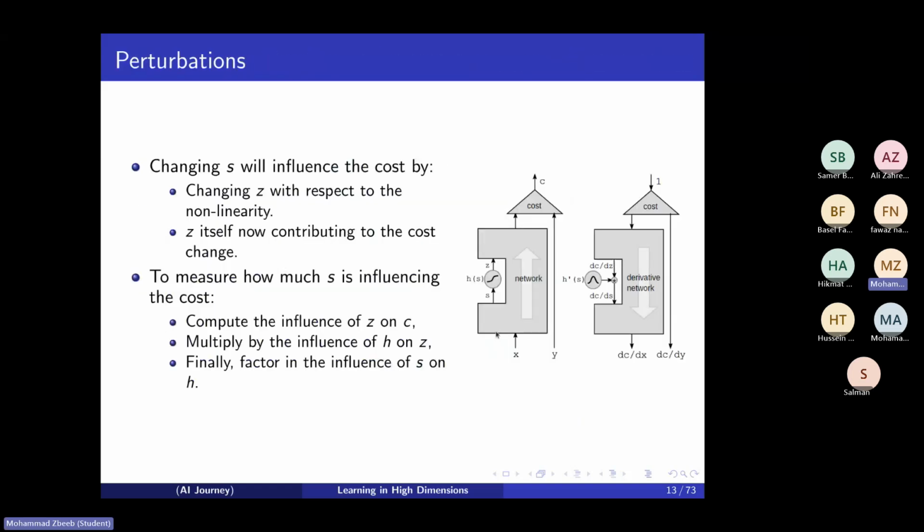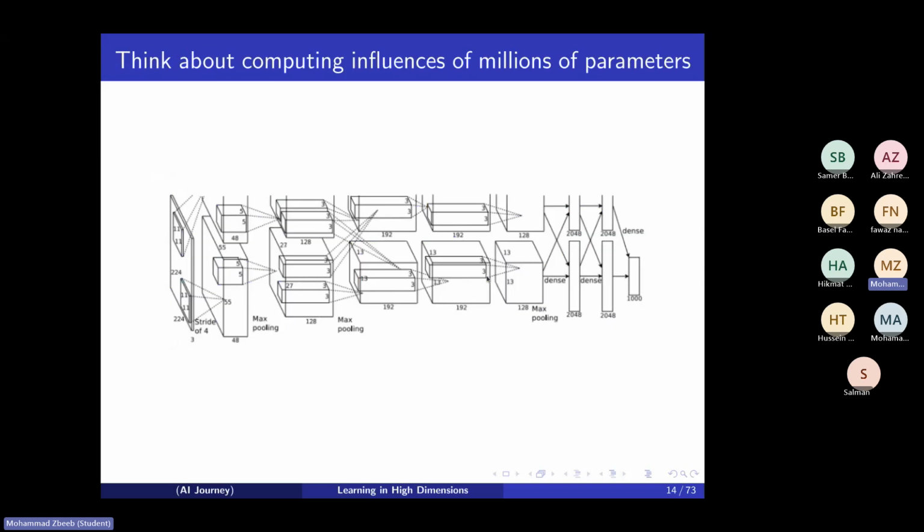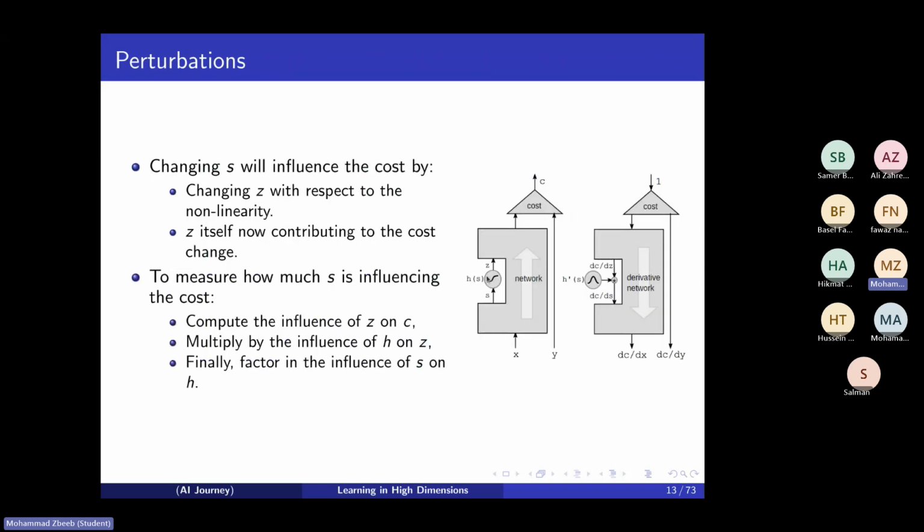Let's go back to here. I'm going to push X into the neural network in this way. And then I'm going to zoom into a certain neuron. In this neuron, I have some input S. It goes into a nonlinearity, producing Z. This Z is propagating further in the network to get some cost.